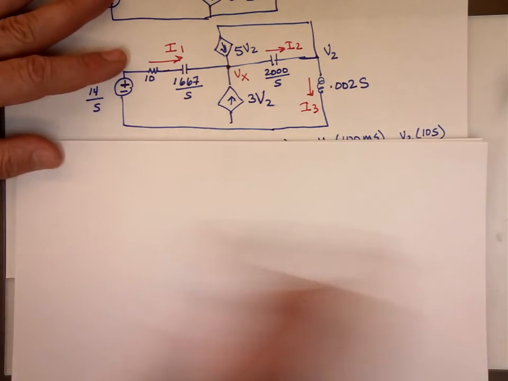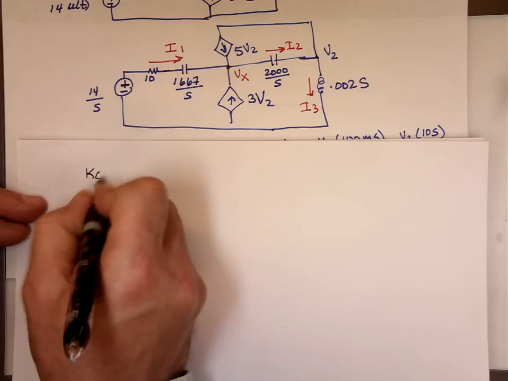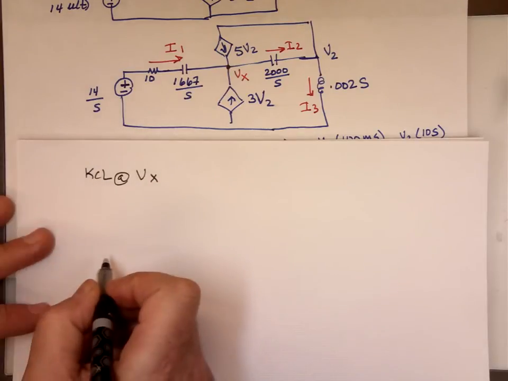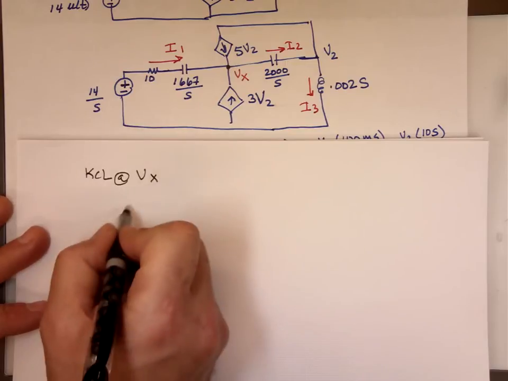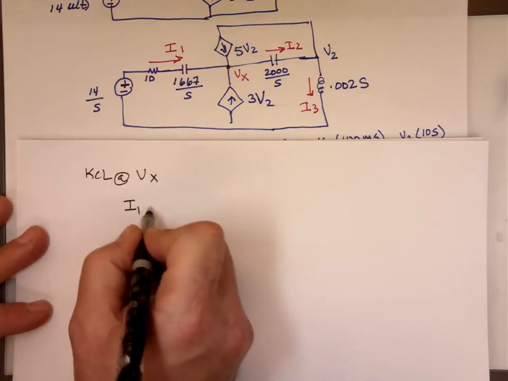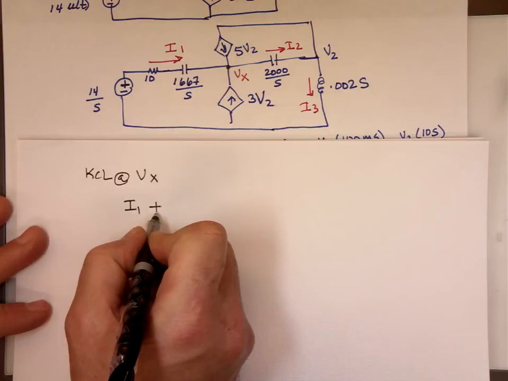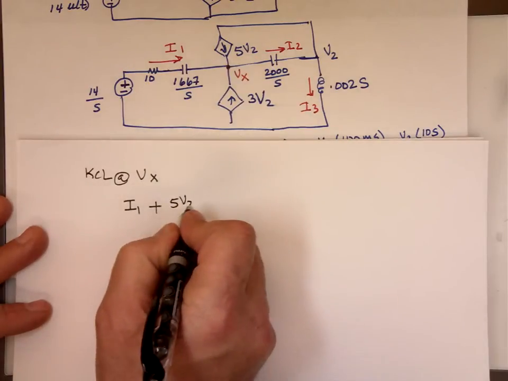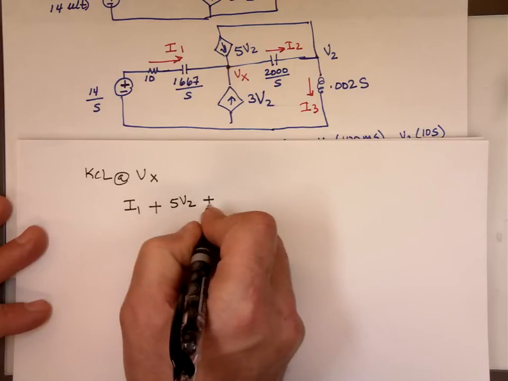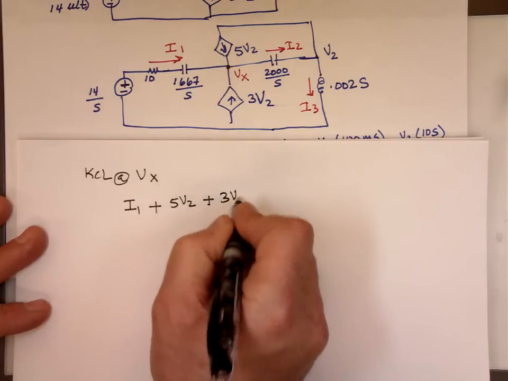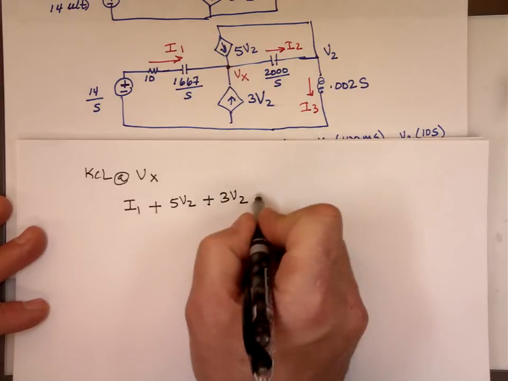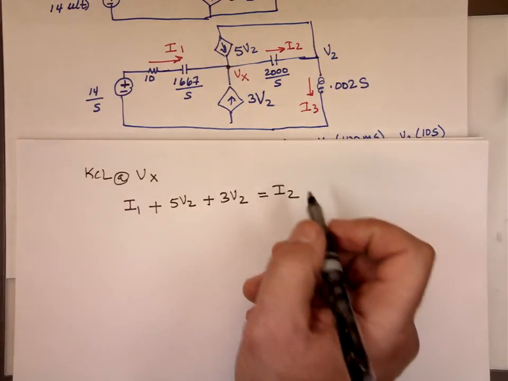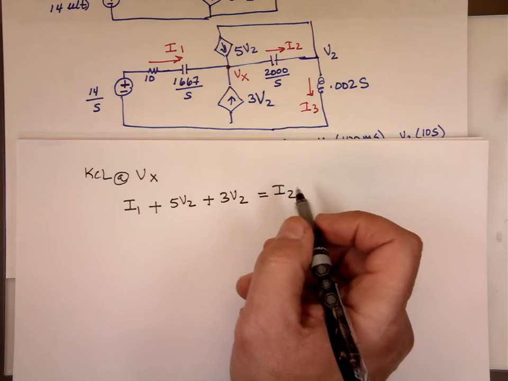KCL at Vx. The current going in, I sub 1 plus 5V2 plus 3V2. And what is leaving? I sub 2. This current going in, that current going in.